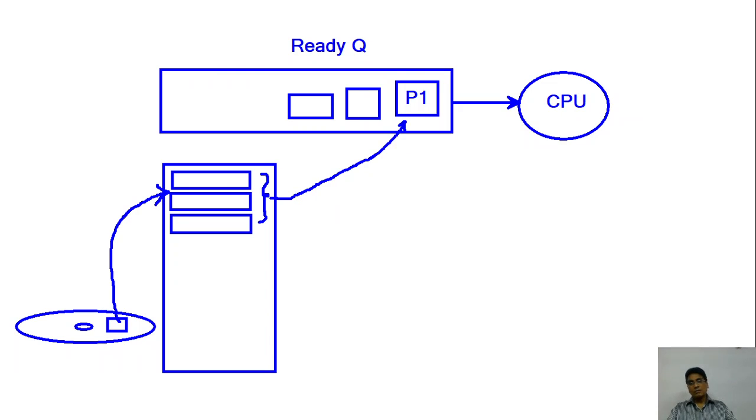Now let's imagine a situation wherein one of the processes says, I want one page. So it tells the operating system that I want one page. So what the operating system will do is it's going to get that page over here to the memory.